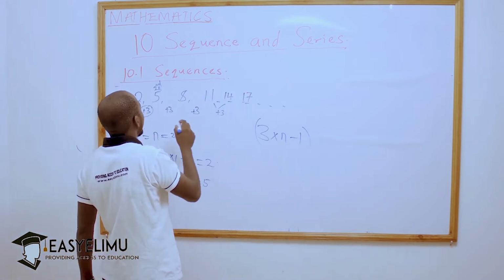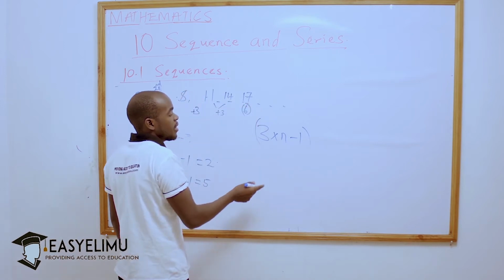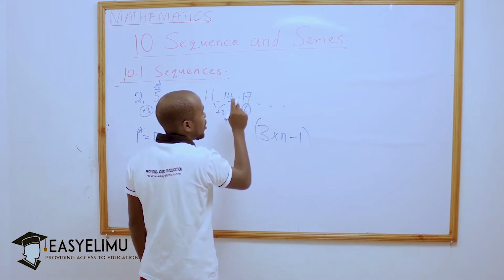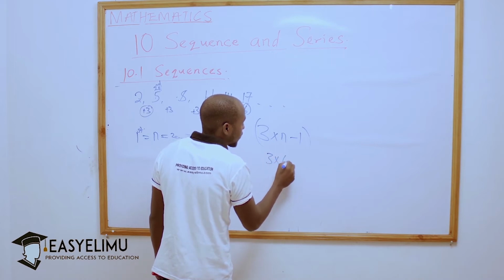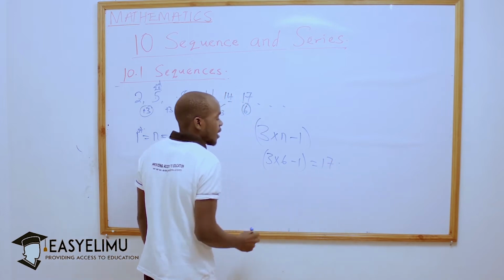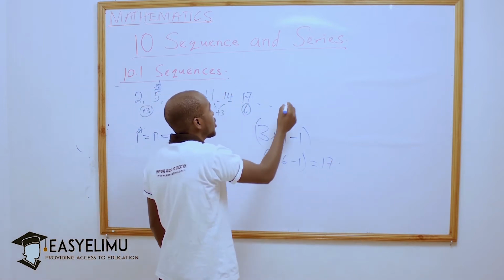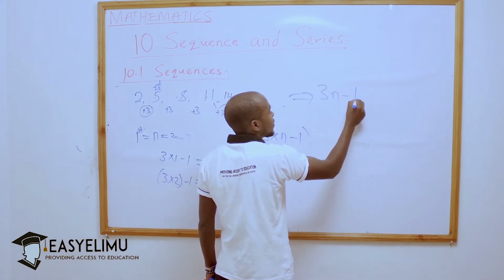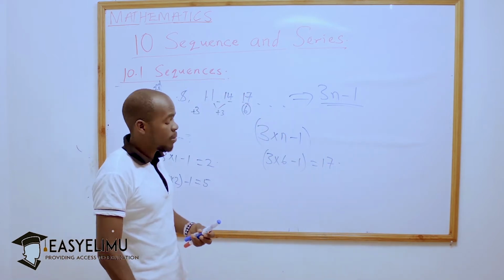For example, if it's the 6th term, then we replace n by 6, and you will find the answer we found, 17. It will be 3 multiplied by 6 minus 1, which gives you 17. That suggests that the general formula for this sequence is given by 3n minus 1. That is what we shall find out as the general formula.